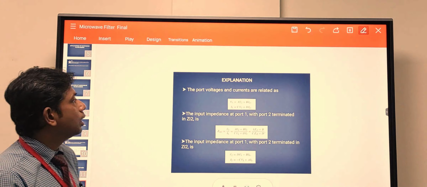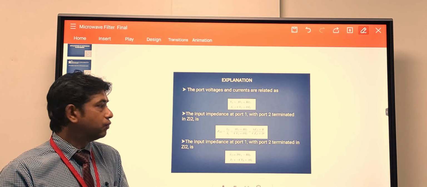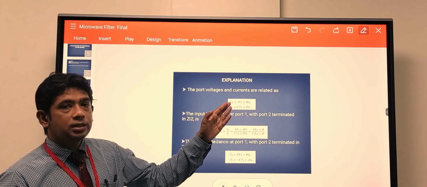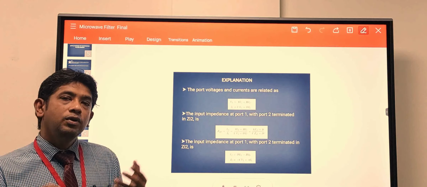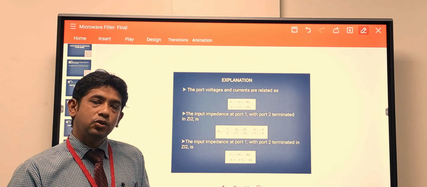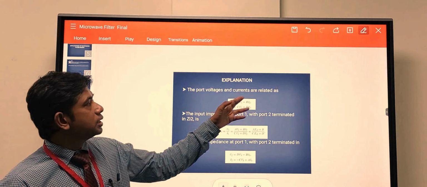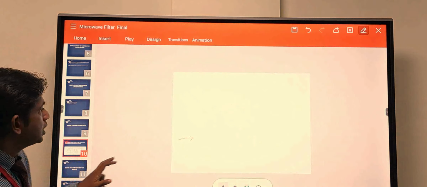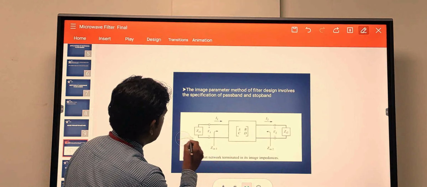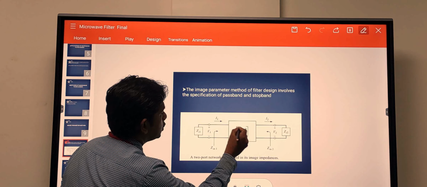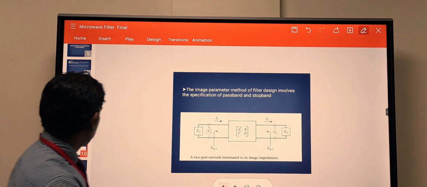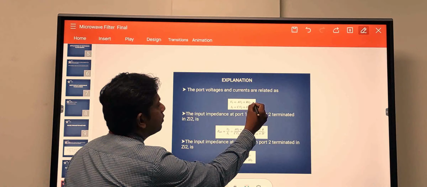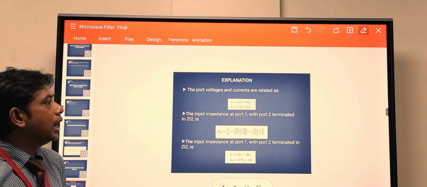The image parameter method involves an explanation of how the port voltages and currents are related. We all know that voltage is equal to current times resistance. The port voltages and currents are related in the following form. Accordingly, we can write V1 is equal to AV2 plus BI2.